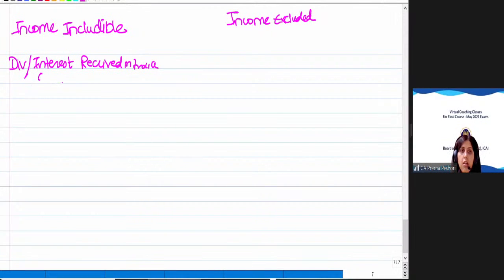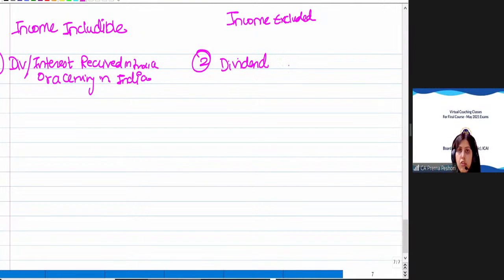What you will not include is dividend or interest on securities outside India, received outside India, or accrued outside India. Right?